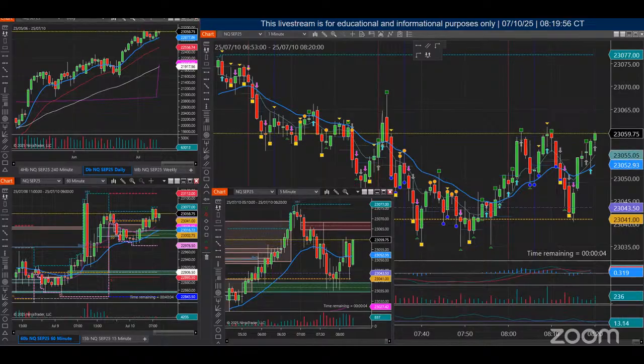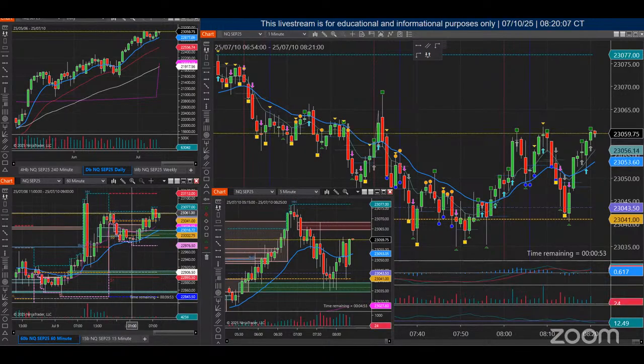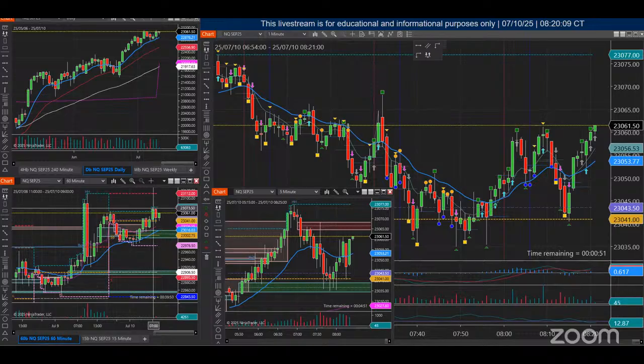So we are here. This red line is yesterday's high, and this blue is yesterday's low. And here we have the pre-market high and pre-market low.